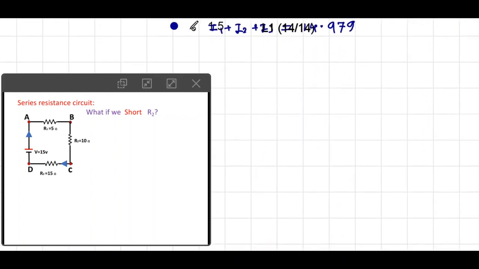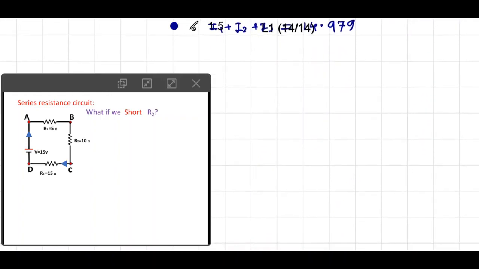Now let us discuss another topic, series resistance. What if we short resistance R2? Here it is a very common circuit, that is V equal to 15 volt, R1, R2, R3. According to Kirchhoff's law, we can find the voltages across the resistances, and according to Ohm's law, we can find the current.